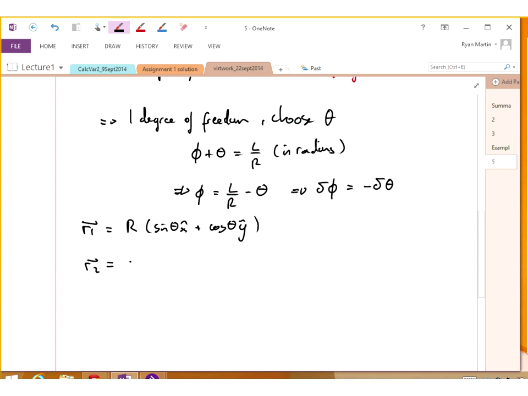And R2 is going to be R, so its x component is negative, minus sine phi, plus cos phi y hat.